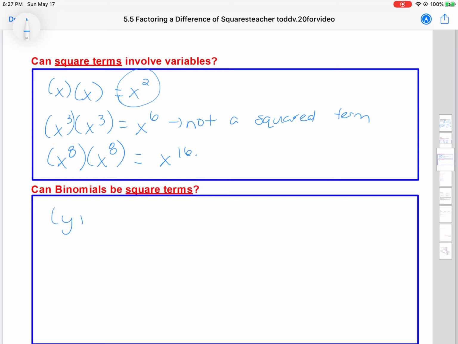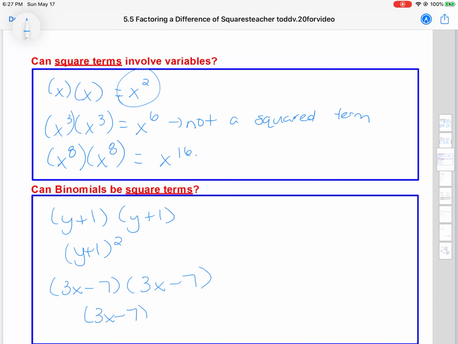Can binomials be squared terms? You've already seen this. We just did one, y plus 1 times y plus 1. I haven't stressed that you had to write it like this, and in fact, when we do FOIL, we usually encourage you to write it out rather than leaving it as a square. But there is a bit of a shortcut you could take.